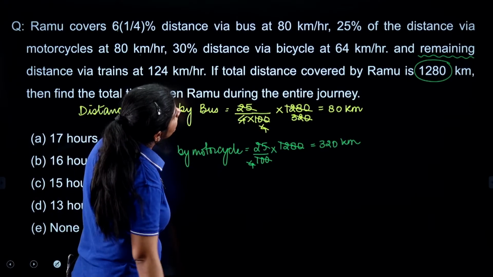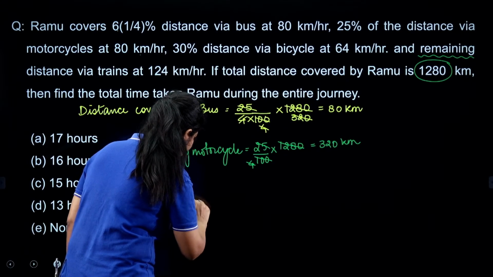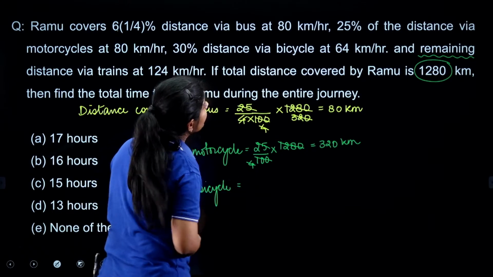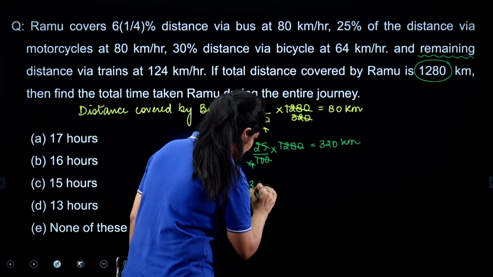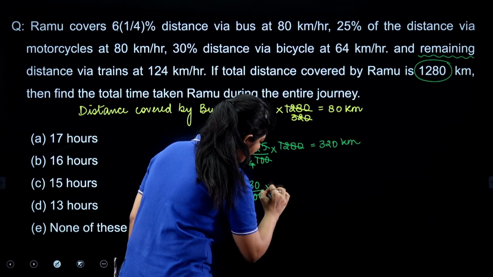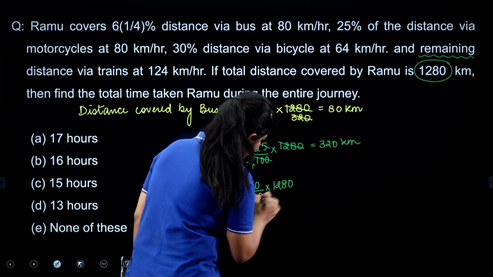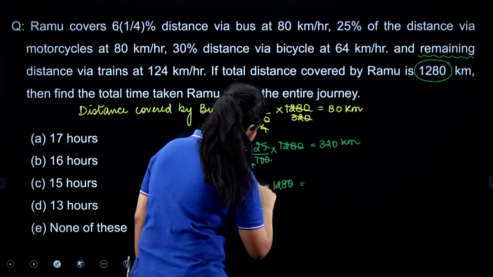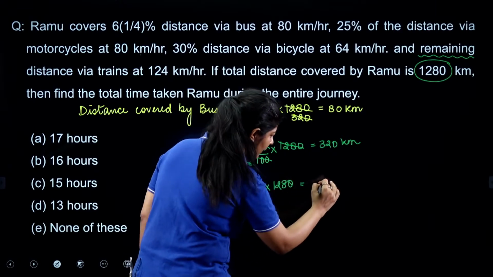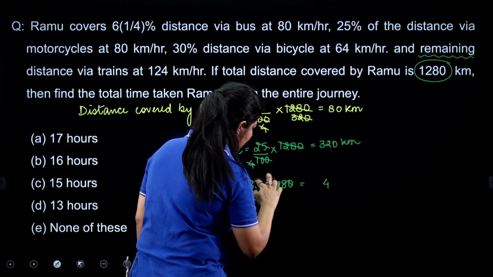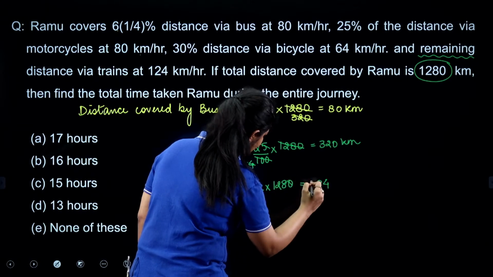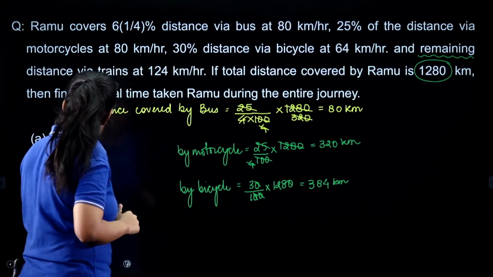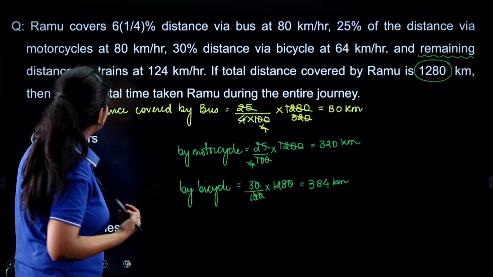The next transportation is the bicycle, which is 30% of the total. This 0 cancels out, 3 into 8 is 24, so 2 is carried forward, and we get 384 kilometers. Now we need to find out the distance travelled by train.